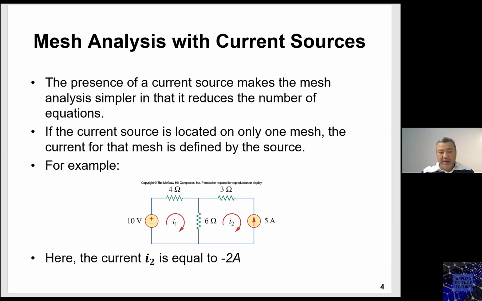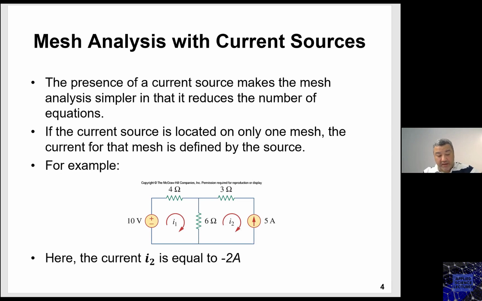Now, when I have a current source, this is going to affect the mesh equation. How? Because if you look at this circuit here, this circuit has three resistors, a voltage source, and a current source.